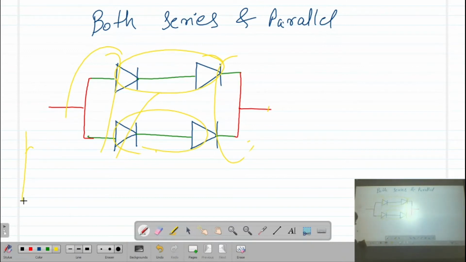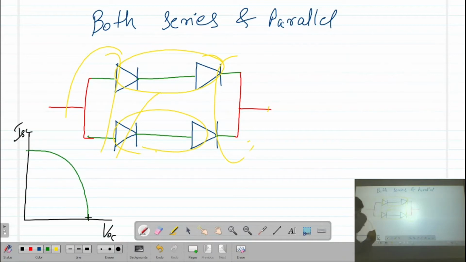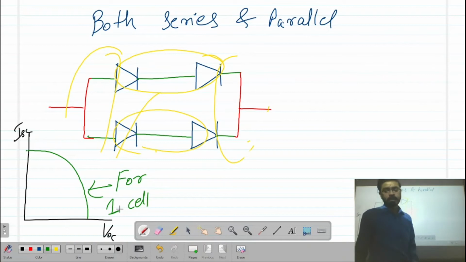This will be the IV for one of the cells, right?